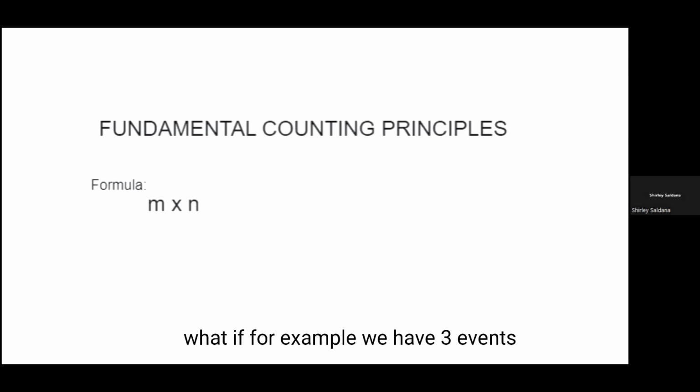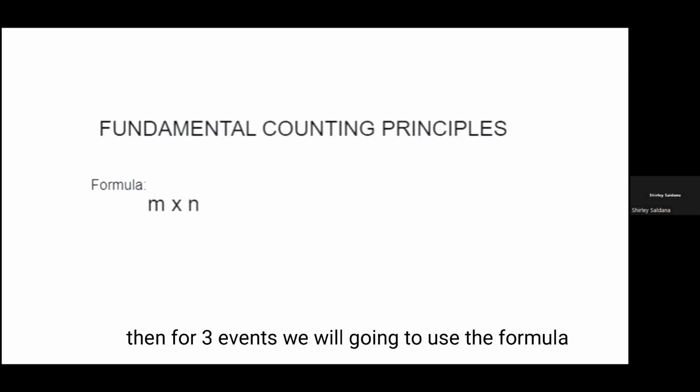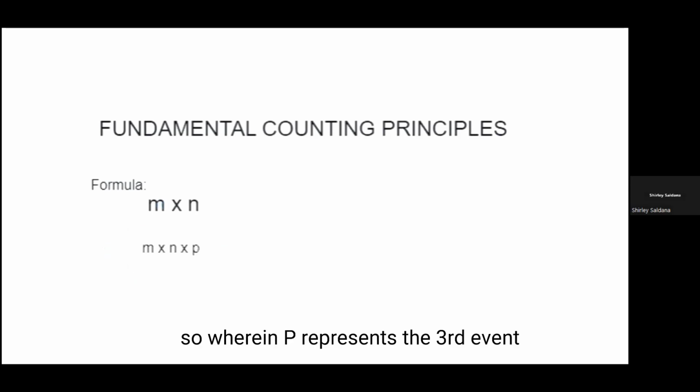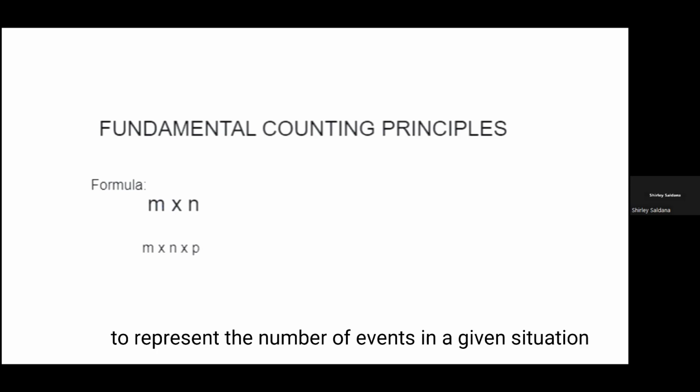What if, for example, we have 3 events? Then for 3 events, we are going to use the formula m times n times p, wherein p represents the third event. We will just use these letters to represent the number of events in a given situation.